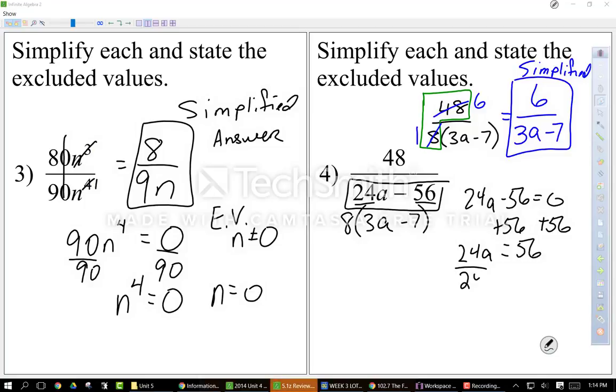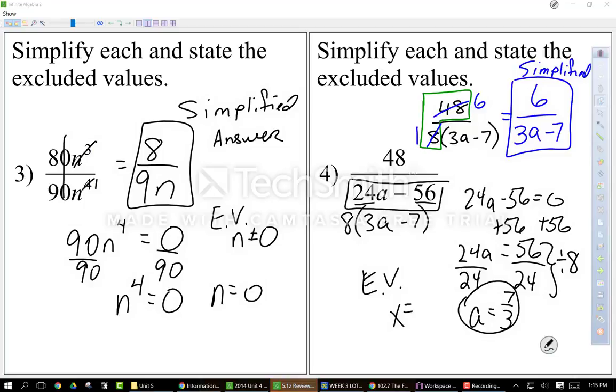Divide by 24. a equals, now I'm going to need to simplify, divide them by 8. I get 7 over 3. That is your excluded value. So a can't be 7/3. So that's your excluded value there. That's your simplified answer for number 4.